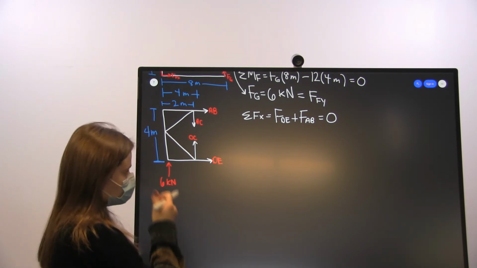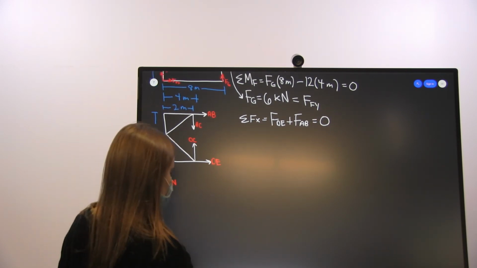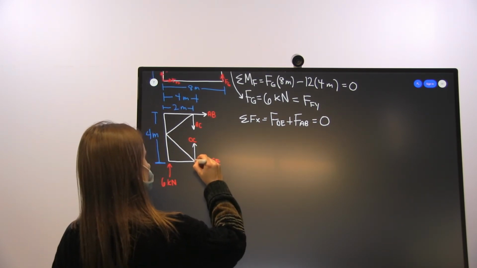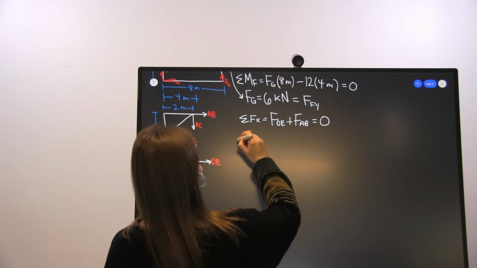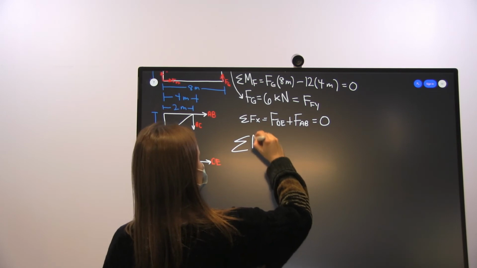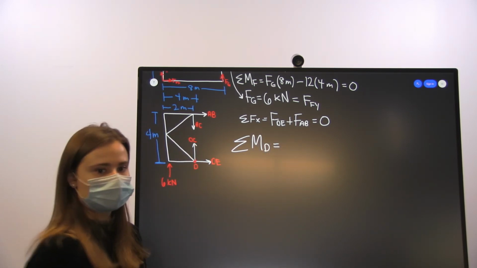So we're going to take the moment around D. So D is right here, and we're going to take the moment around D, because it'll solve for the most things that we want to solve for.